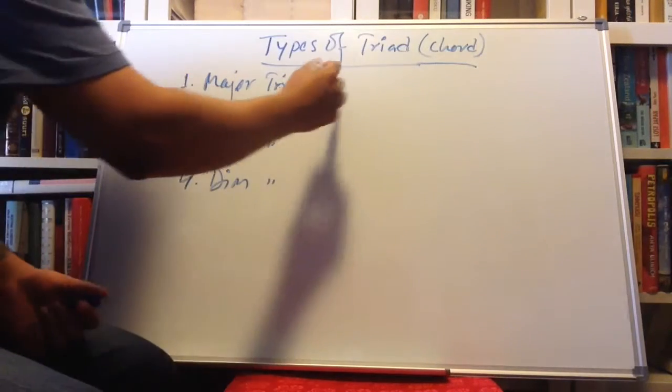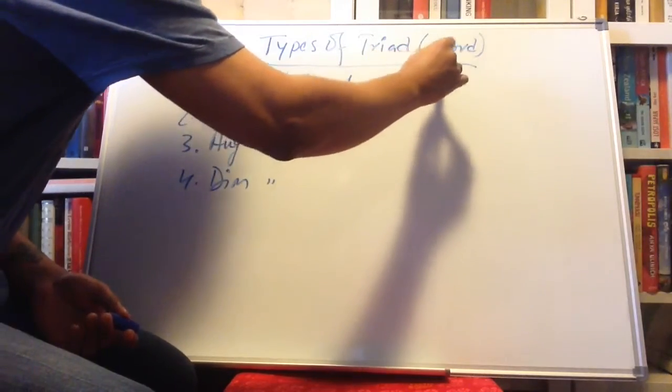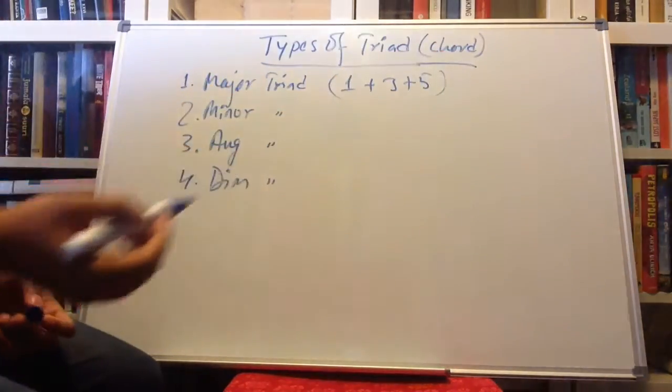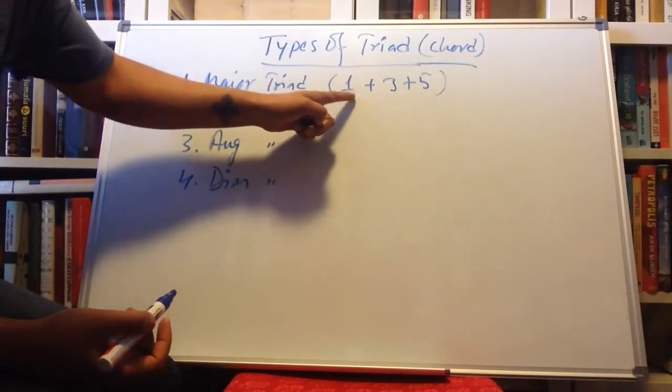So the major triad is 1, 3, 5. For this video I would suggest that you know what I'm talking about, I mean 1, 3, 5.